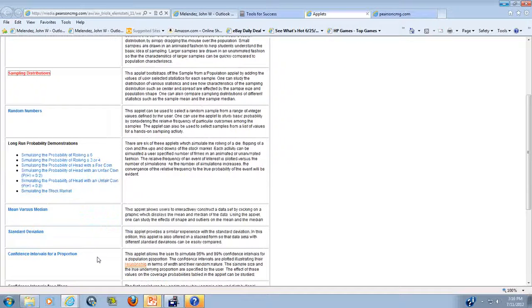Now we have a binomial here. Tossing coins is basically a binomial.